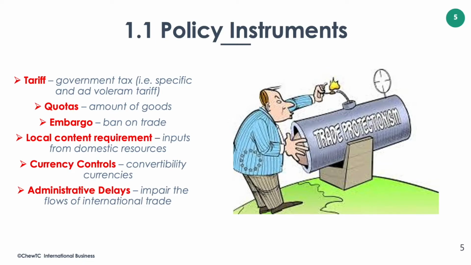Regulatory controls or bureaucratic rules designed to impair the flow of imports into a country are called administrative delays. This non-tariff barrier includes a wide range of government actions, such as requiring international air carriers to land at inconvenient airports, requiring product inspections that damage the product itself, purposely understaffing customs offices to cause unusual time delays, and requiring special licenses that take a long time to obtain.